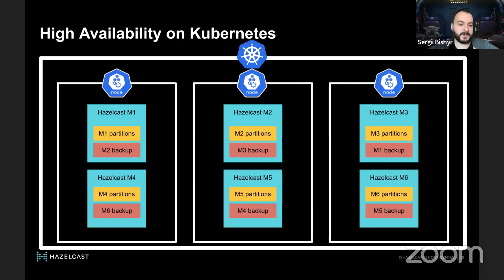But if you want to have more members than we have nodes, then we also have to instruct Hazelcast to store the backups of every member on a different node. So in this case, if something fails, we are sure that from the other node we can restore it.